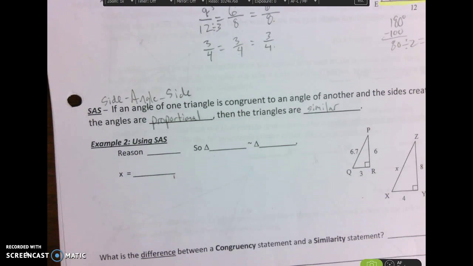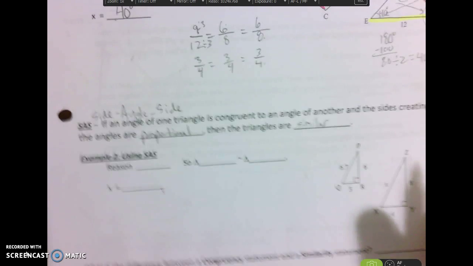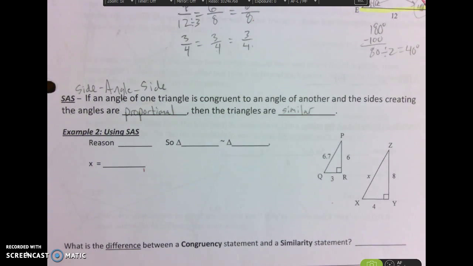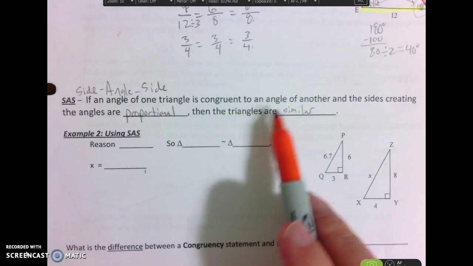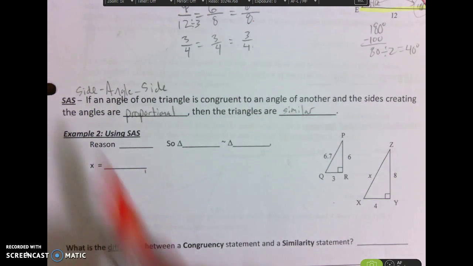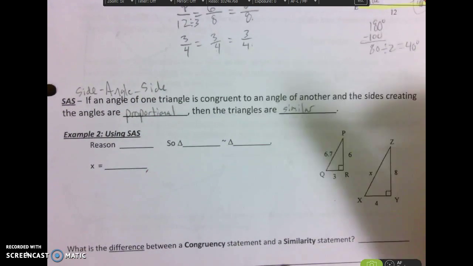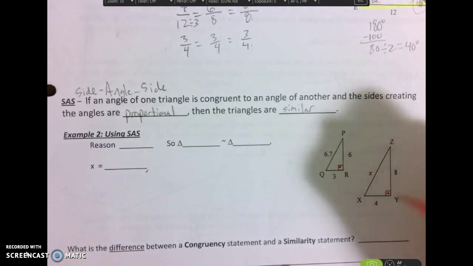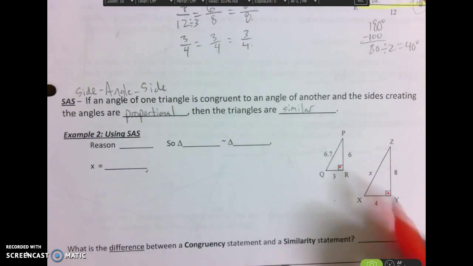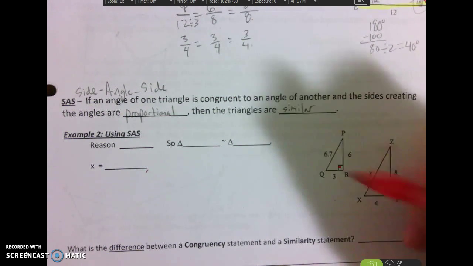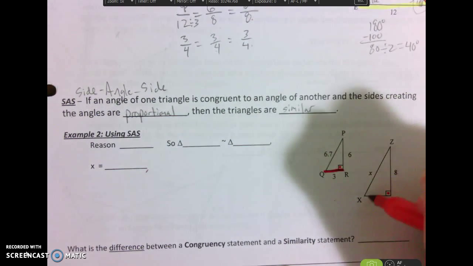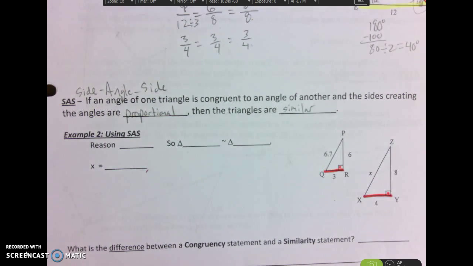But now, the thing that tricks kids with side, angle, side is they want to pick any sides. And notice it says it's got to be the angle that's between the sides. So it's side, angle is right between. So if I look here, my two 90-degree angles are the ones that are equal to each other. QR corresponds to XY, okay?